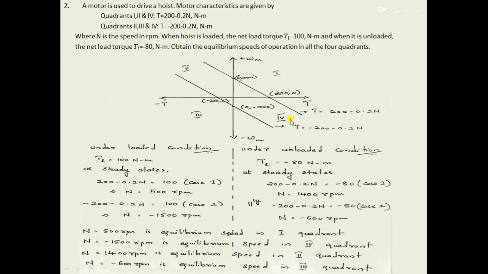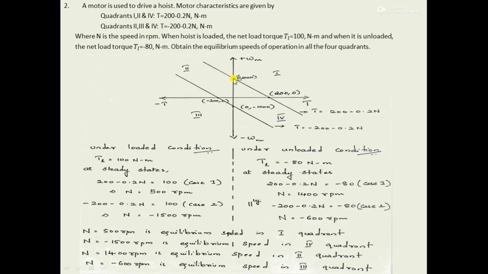I have drawn a line here, and this is indicating the characteristic T is equal to 200 minus 0.2 N. For the second motor characteristic, lying along quadrants 2, 3 and 4, that is T is equal to minus 200 minus 0.2 N, you have to draw another line through quadrants 2, 3 and 4, and this line will be indicating the characteristic minus 200 minus 0.2 N.